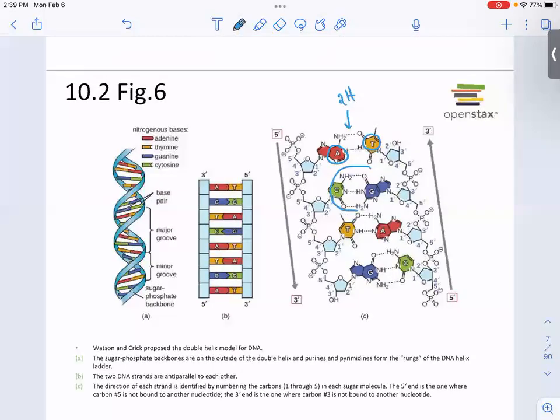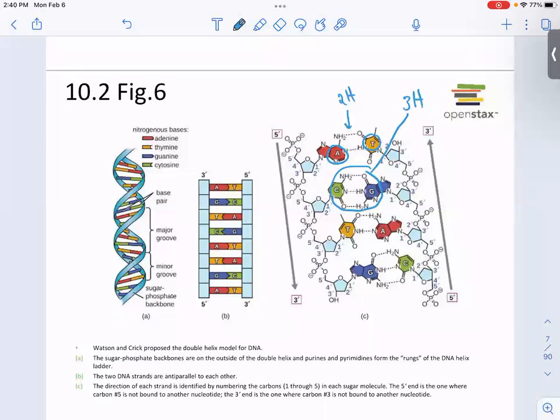And then between the cytosines and the guanines, there are 3 hydrogen bonds. And that becomes important in areas where the DNA is going to unzip. We usually see a stretch of A's and T's, okay? Those hydrogen bonds, there's only 2 of them, are broken a little bit easier than if there are 3.